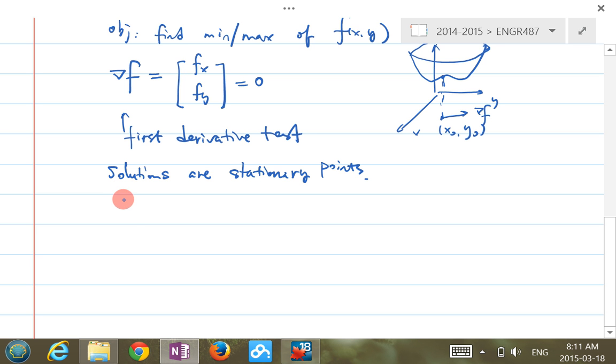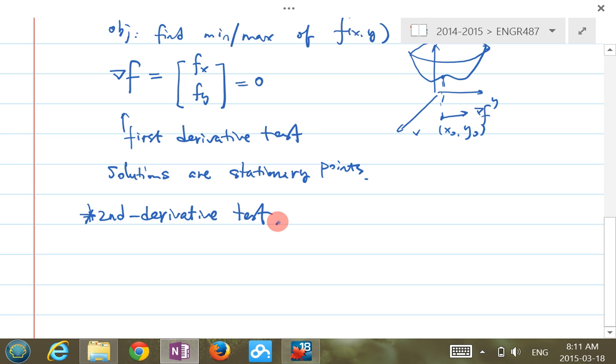So the question is, how do we decide whether this stationary point is a local min or local max? Then we do a second derivative test.